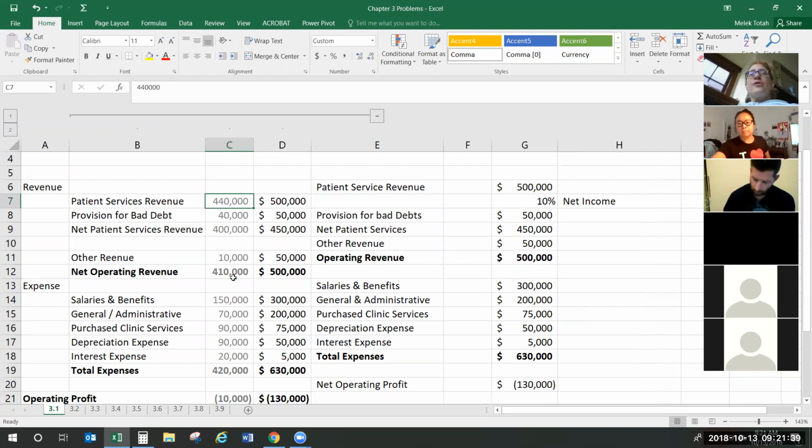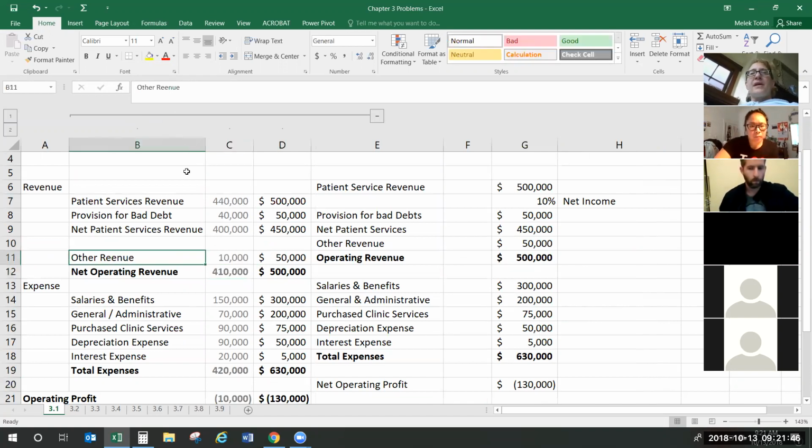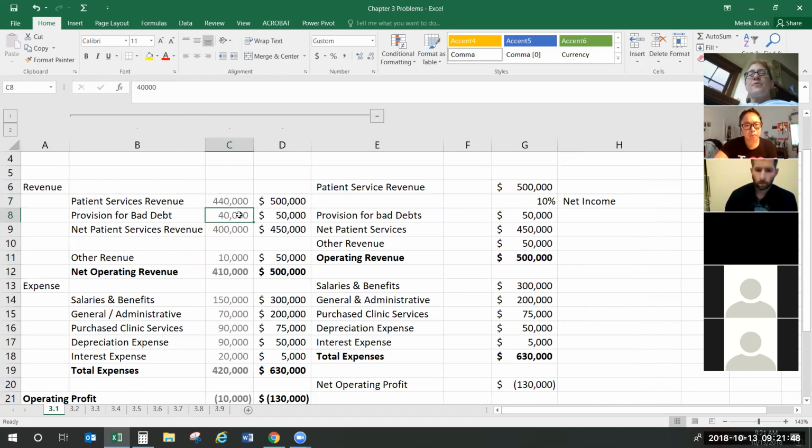The way that it's ordered in the book is we had the revenues here, right? The patient services were 440 less provision for bad debt. Then we had new patient services, that's subtracting them, right? Other revenues, there's your 410.